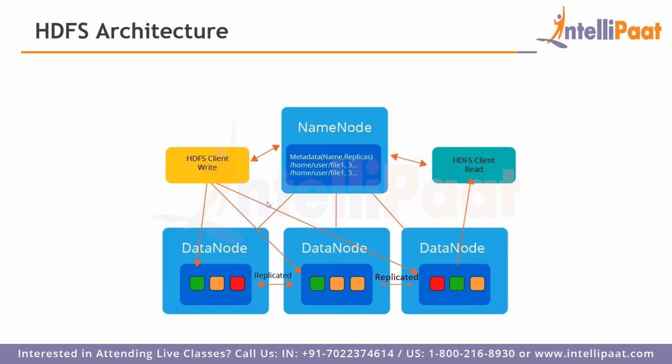So whenever a block is sent to these data nodes, they also replicate amongst each other. Whatever block was sent to data node 1 is replicated and sent to data node 2 as well. If the replication factor is 2, it will be sent to data node 2 and data node 3, and the block will have three copies. So even if data node 1 fails, the first data block will be there in data node 2. That is how data safety is maintained.